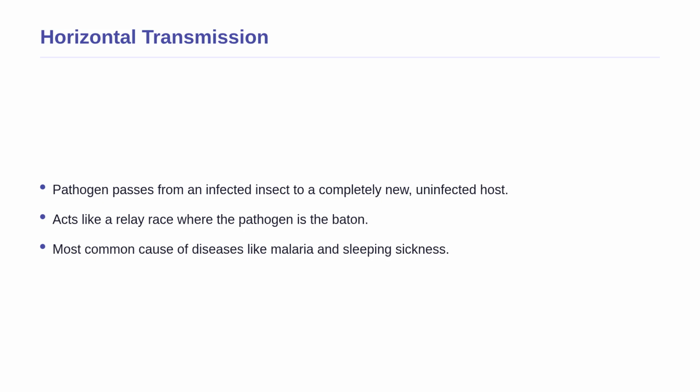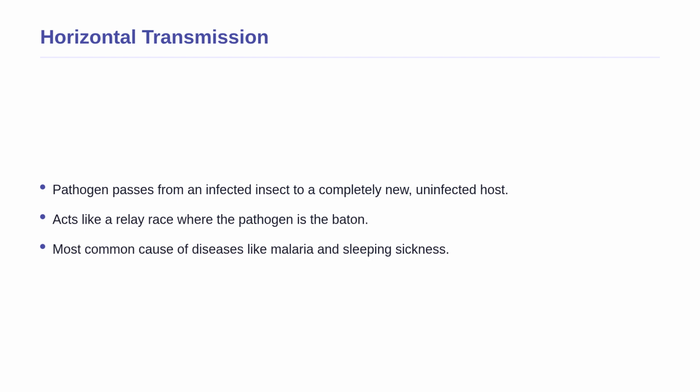Let us begin with our first major concept, horizontal transmission. Imagine you are passing a baton in a relay race on a sunny afternoon. You run up to your teammate, hand over the baton, and they continue the race. In the world of vector-borne diseases, horizontal transmission is very much like this relay race.